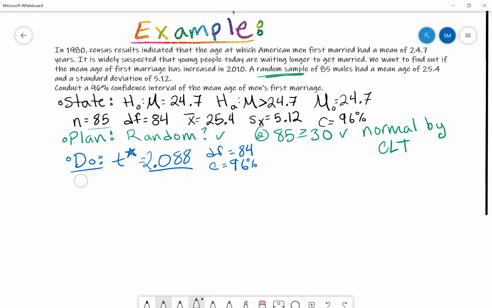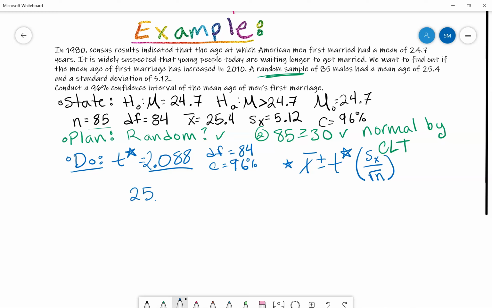He's so distracting. All right, so anyway, we now need to figure out the confidence interval. So we're going to use the formula: x bar plus or minus T star times the standard deviation of the sample divided by the square root of n.